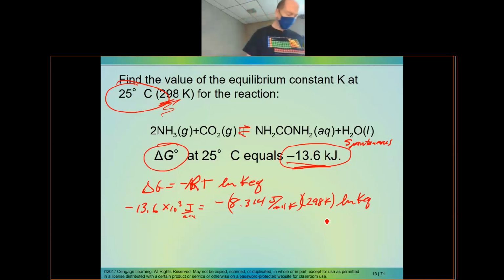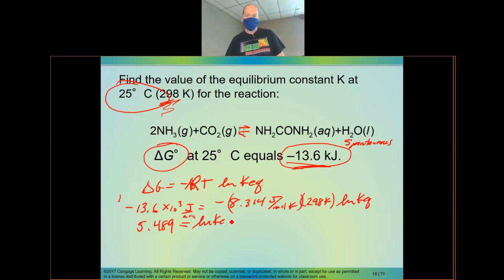So you take your negative 13.6 times 10 to the third, divided by your negative 8.314. Then you divide by 298 on both sides, and you get 5.489 is equal to the ln of KEQ.